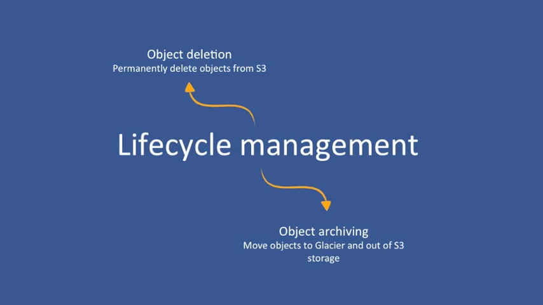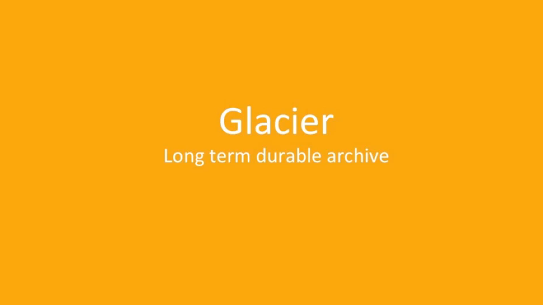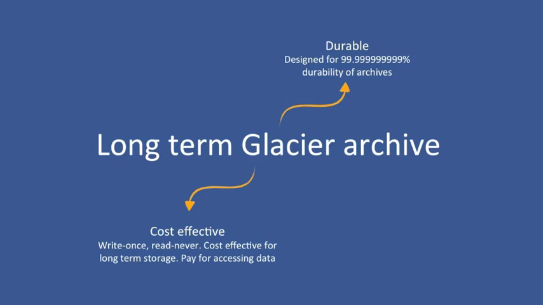So Glacier is that long-term durable archive I mentioned before, so effectively being used as a different storage subsystem within S3. And Glacier is designed for long-term cold storage for data that is accessed infrequently. So it's the same durability as S3 in terms of 11 9s, designed for durability of the archives within Glacier. But it's designed as a write once, read never.